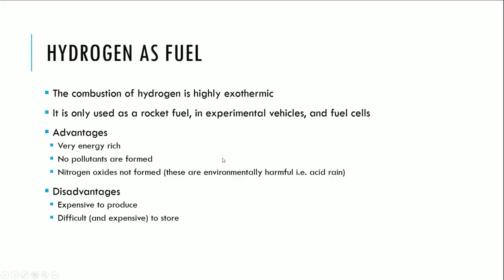For example, nitrogen oxides are not formed by using hydrogen as fuel, and because nitrogen oxides are environmentally harmful, that can cause acid rain and things like that, it's overall a good thing that these are not produced. Disadvantages would be that they are expensive to produce and quite difficult and again expensive to store.